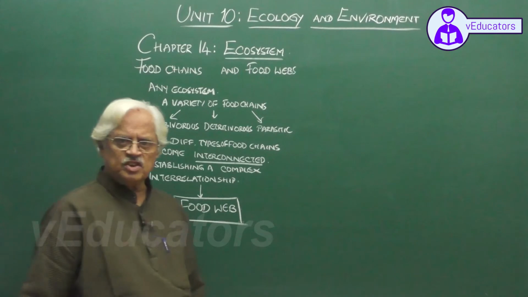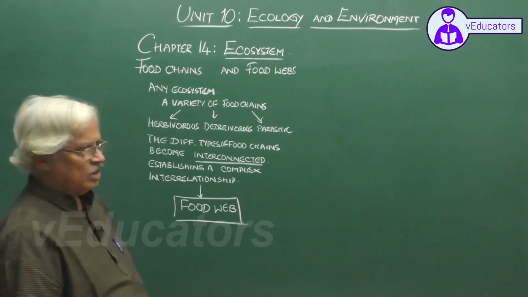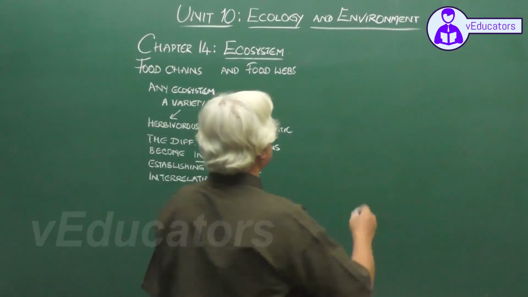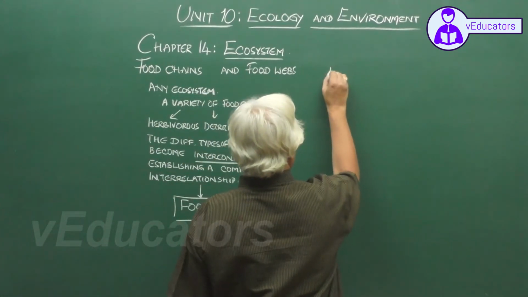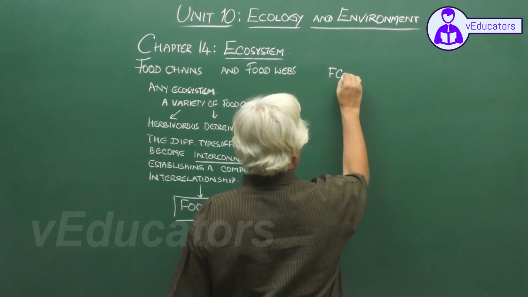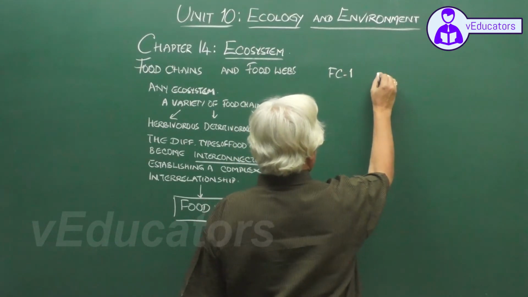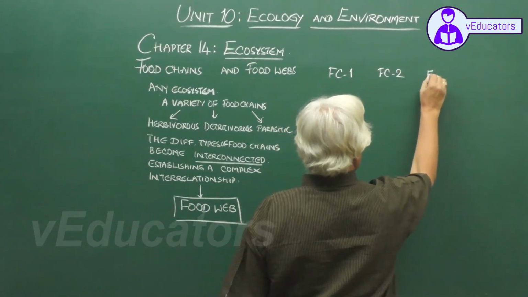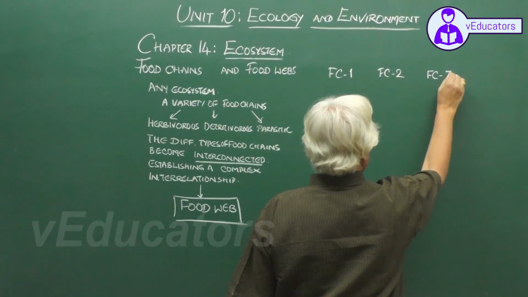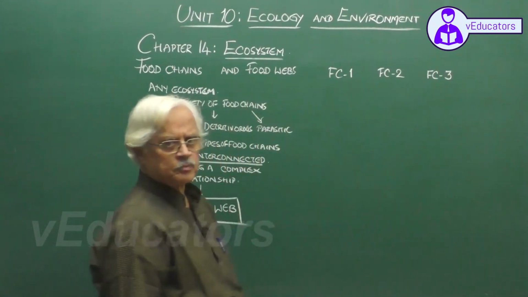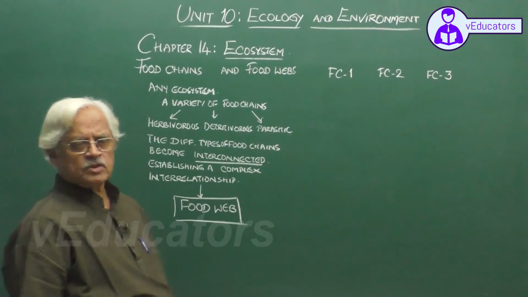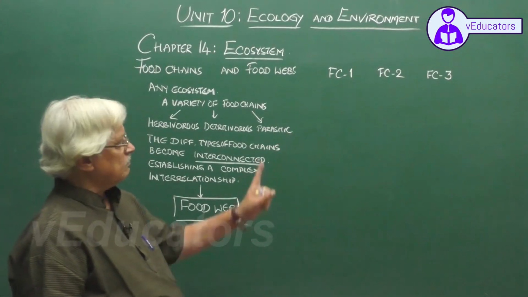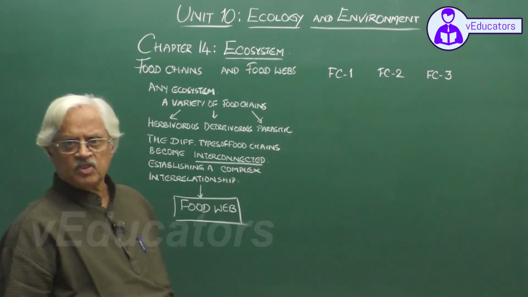Let us take an illustration to see how a food web can be formed. For example, let us say there is an ecosystem having 3 food chains. Let us call them food chain 1, food chain 2 and food chain 3.